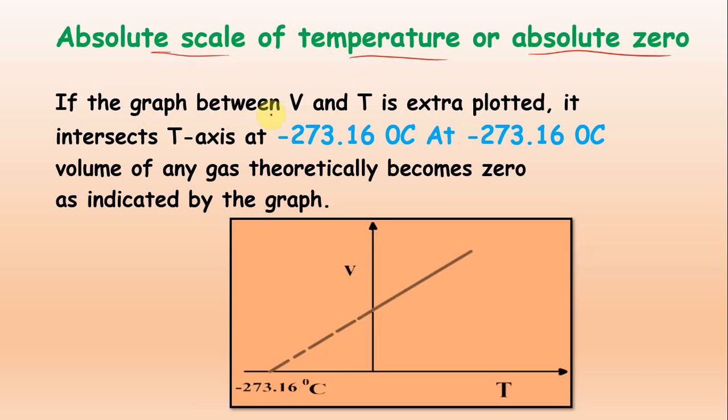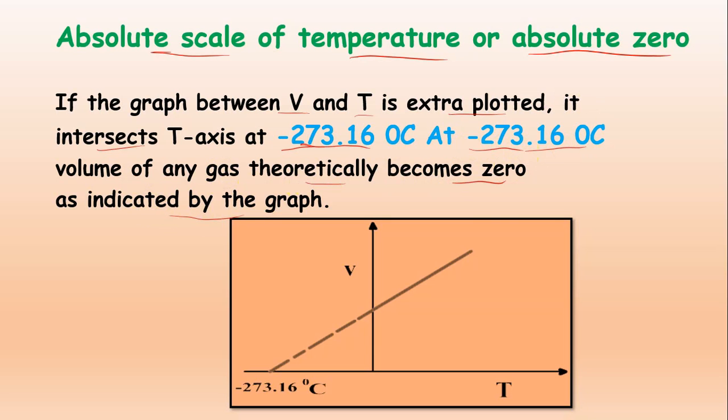If the graph between volume and temperature is plotted, it intersects the T axis at minus 273.16 degrees Celsius. So the volume of any gas theoretically becomes zero, and that is indicated by this graph.